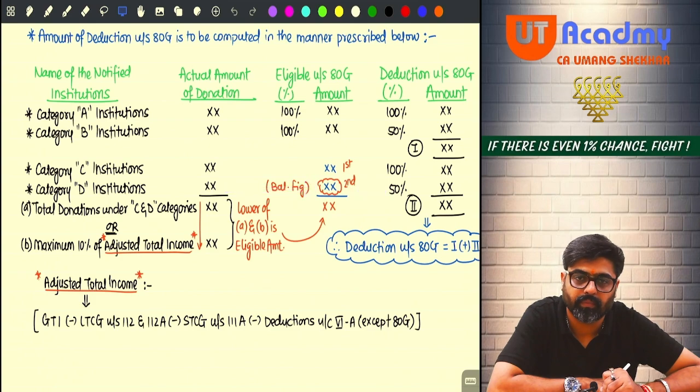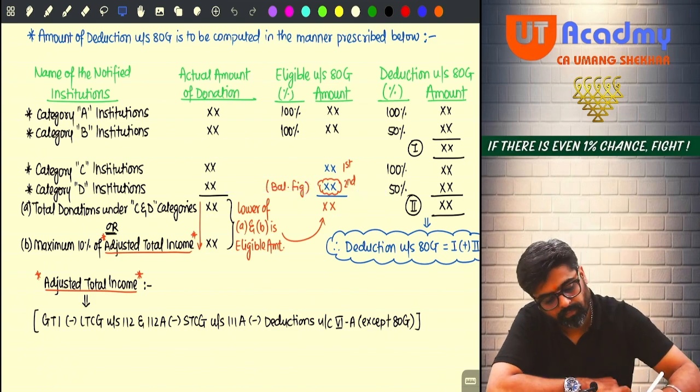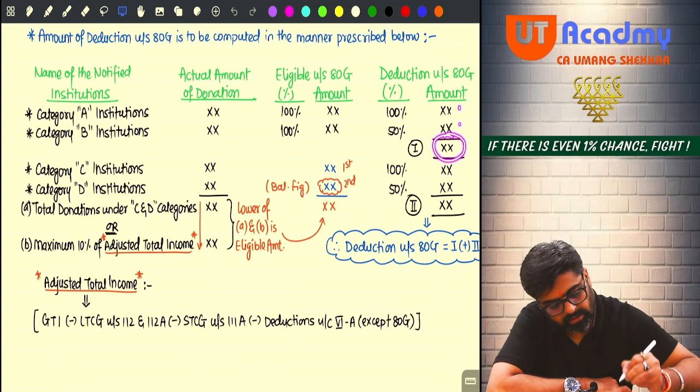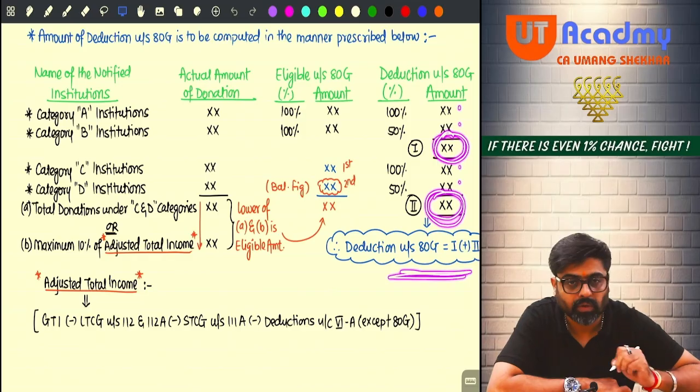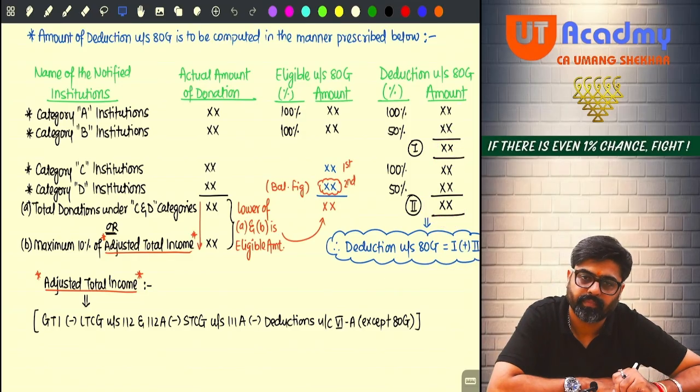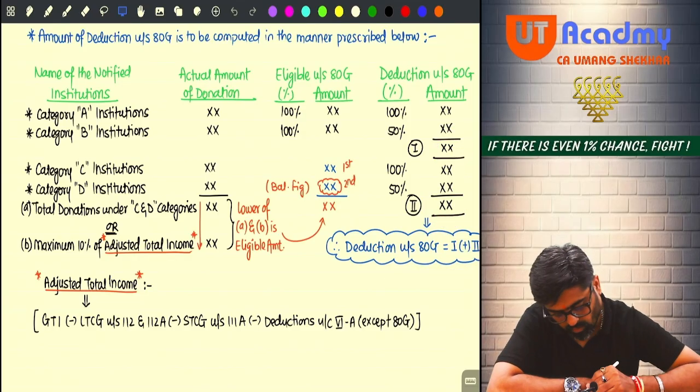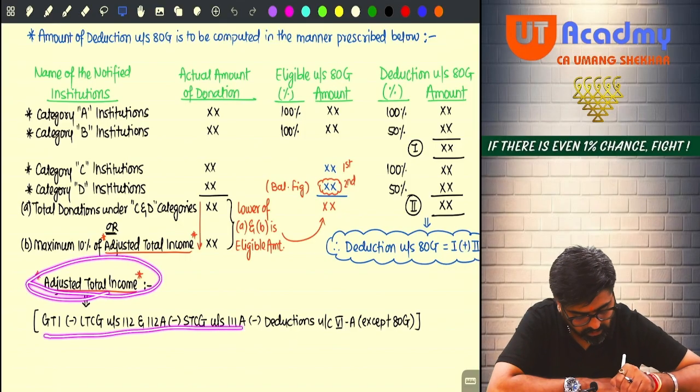Done, sir? Then what will you do? A plus B total deduction, C plus D total deduction. So A plus B and C plus D will be your total deduction under ATG. Will you remember how to calculate the adjusted total income? The same thing I have told you.